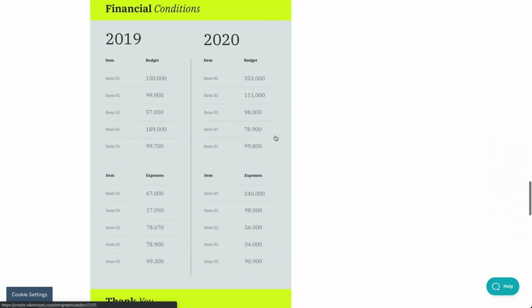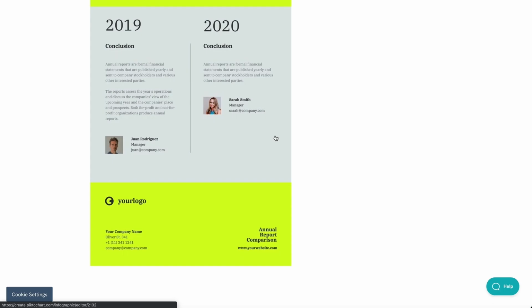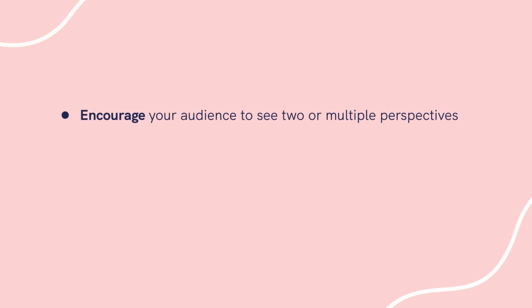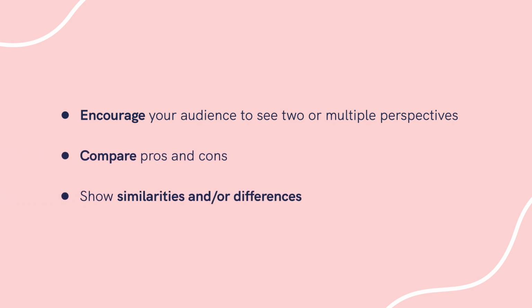Use comparison infographics if you want to encourage your audience to see two or multiple perspectives, compare pros and cons, show similarities and/or differences. Help your audience make informed decisions through the following best practices for comparison infographics.